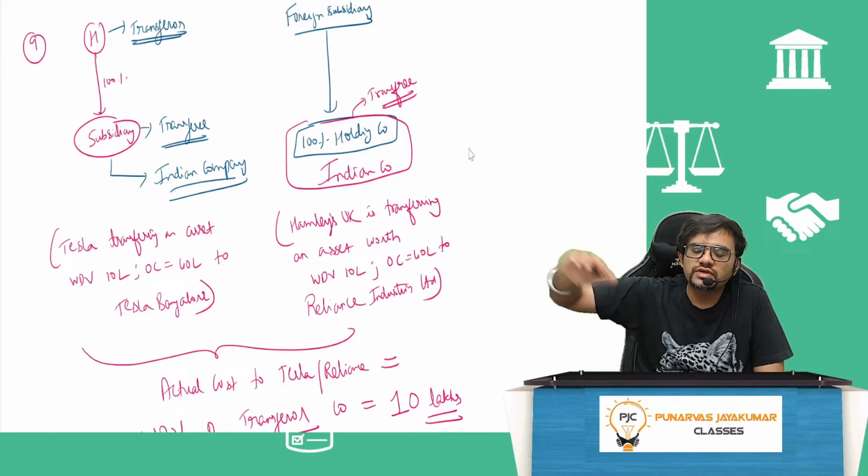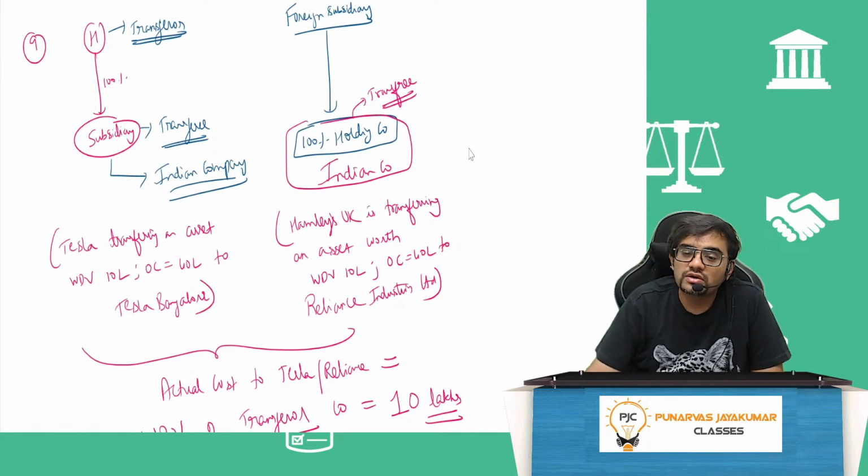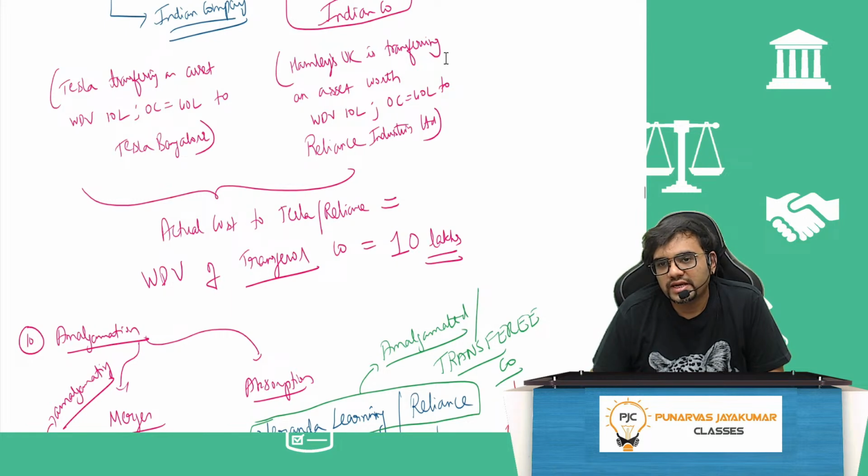Holding company transferring to 100% subsidiary, or foreign subsidiary like Hamleys transferring to 100% holding company Reliance. Original cost 40, WDV 10 lakh. Actual cost will be 10 lakh. Whatever the other company is recording, the same you should also record.